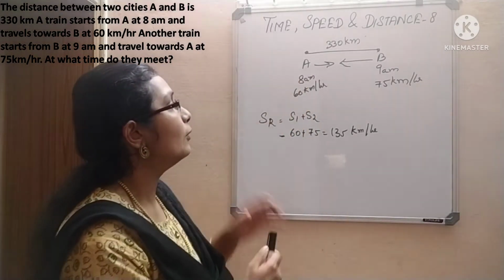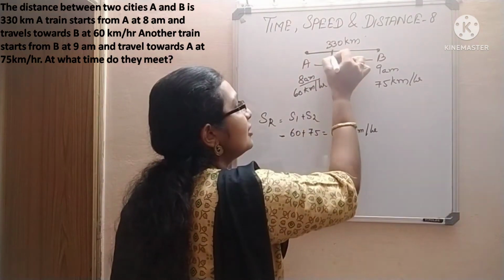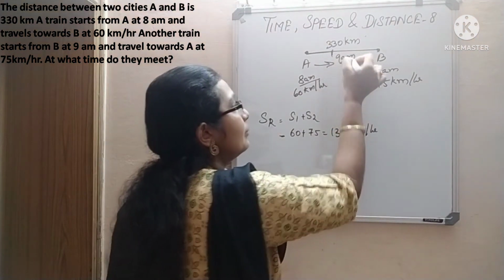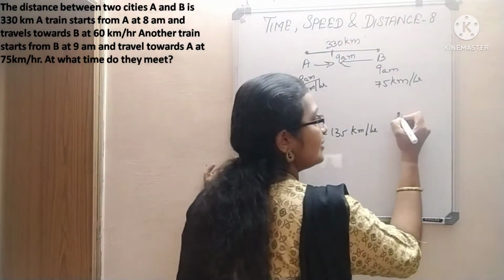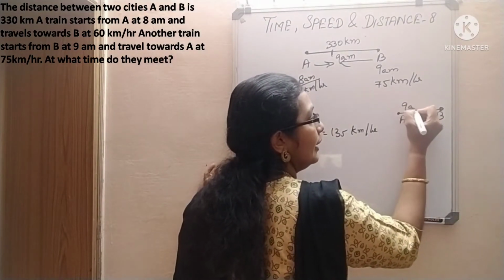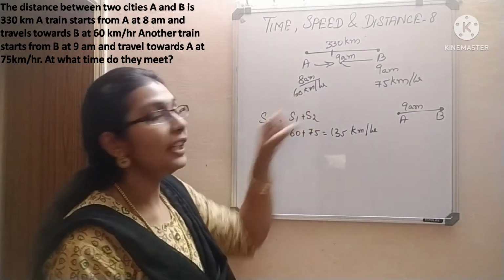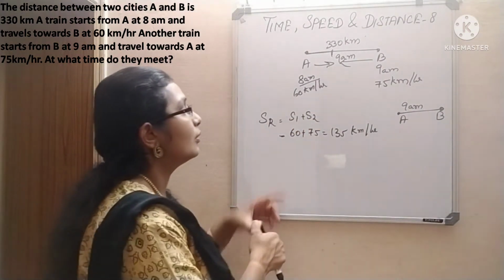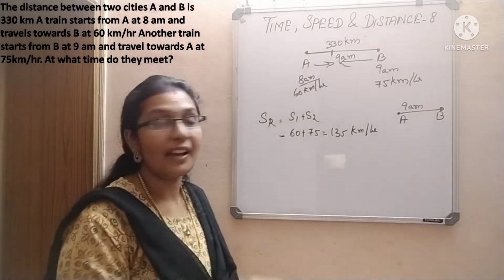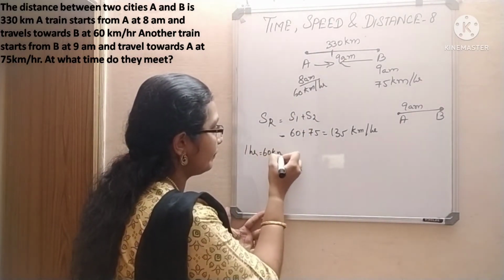Okay. So now what I am going to do is, I am going to change this 8 am to 9 am. Clear? So my starting time from both the stations is 9 am. Clear? So how can I do that? So from that speed you can find it. Okay. So what is given? It is traveling in 1 hour. It is covering 60 km.